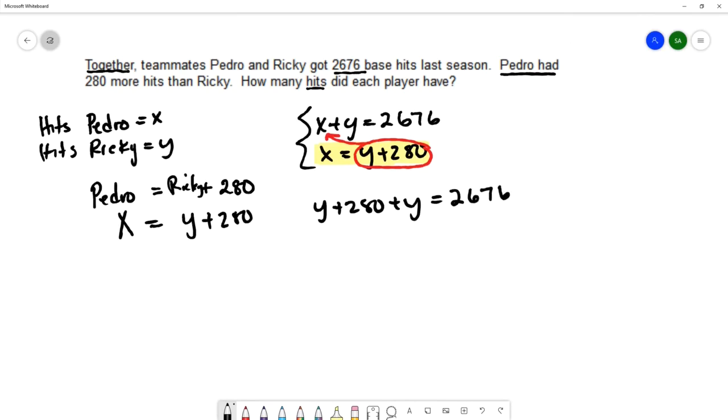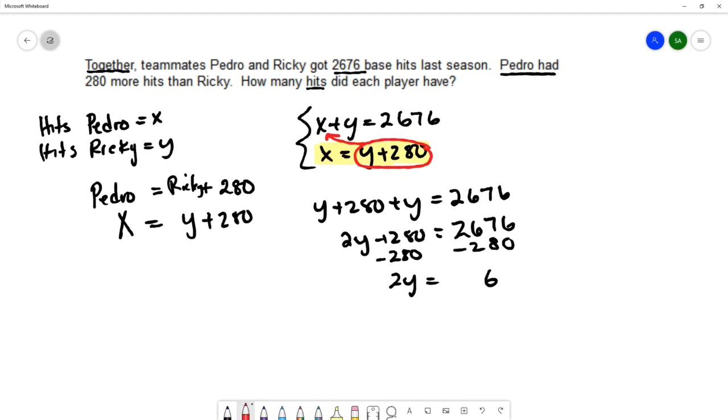I'll combine like terms. That's 2Y plus 280 equals 2,676. Now I want to solve for Y. So I will subtract 280 on both sides. That gives 2Y equals, and I've got 6. I need to borrow from the 6. 17 minus 8 is 9. 5 minus 2 is 3.